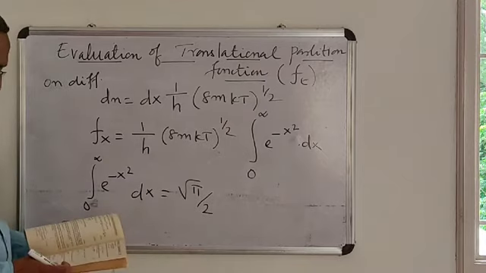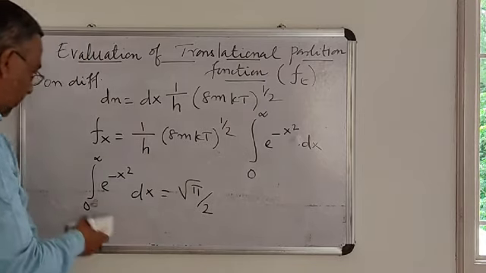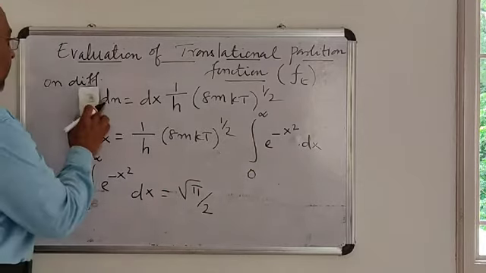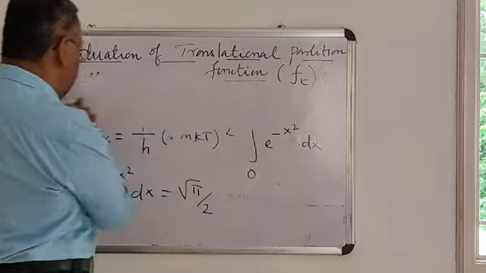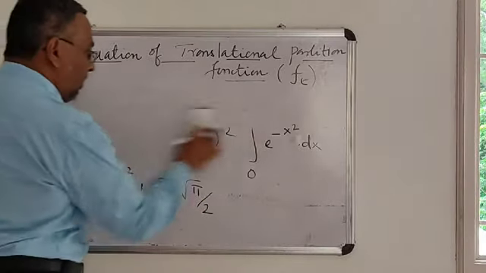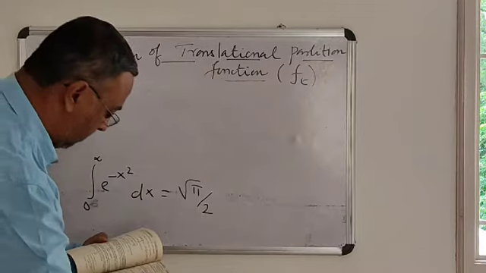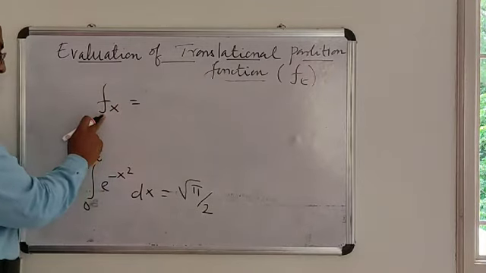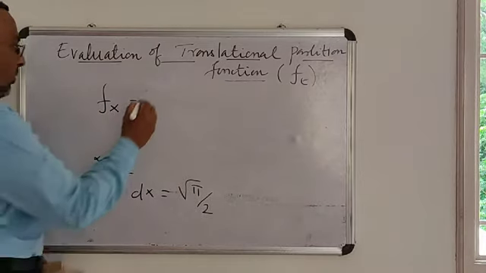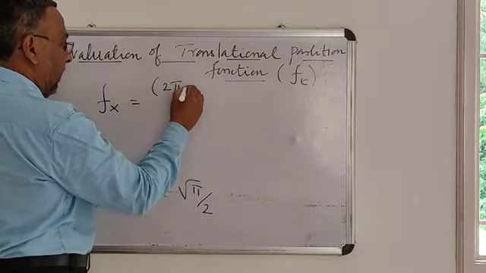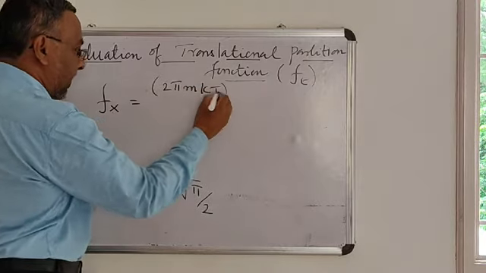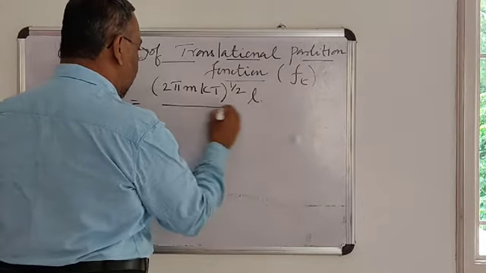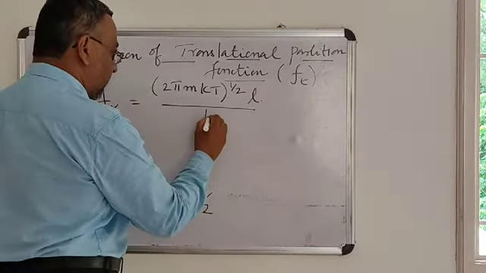Therefore, substituting this value in this equation, f of x, that is translational motion in the x direction, will be equal to (2 pi m kT) power half into L divided by h.